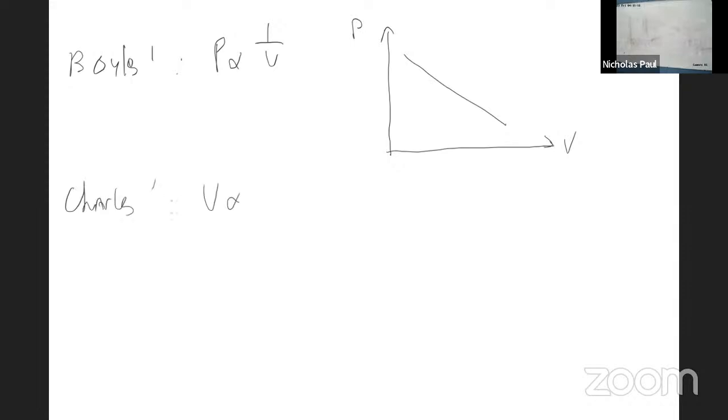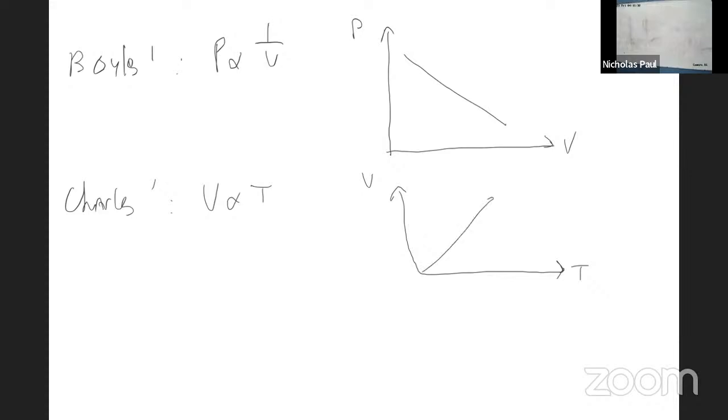Then you have Charles' law, of volume and temperature, directly related. If they're directly related, how will the graph look? Inversely, one on top. Good job, Jacob. It'll look like that.